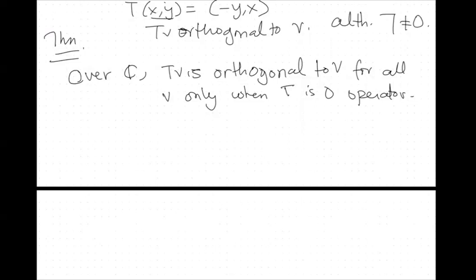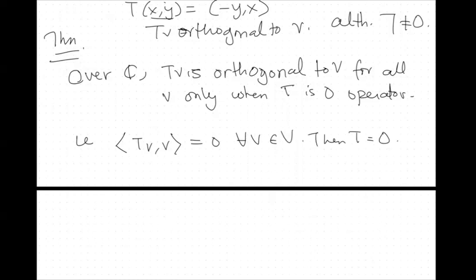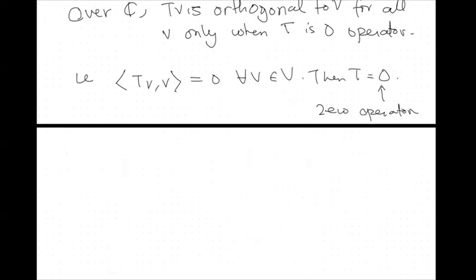In other words, if the inner product of T v and v equals 0 for all v, then T is just the 0 operator. Here, this is the 0 operator, so it is the operator that maps everything to 0. Okay, I will provide the proof here.